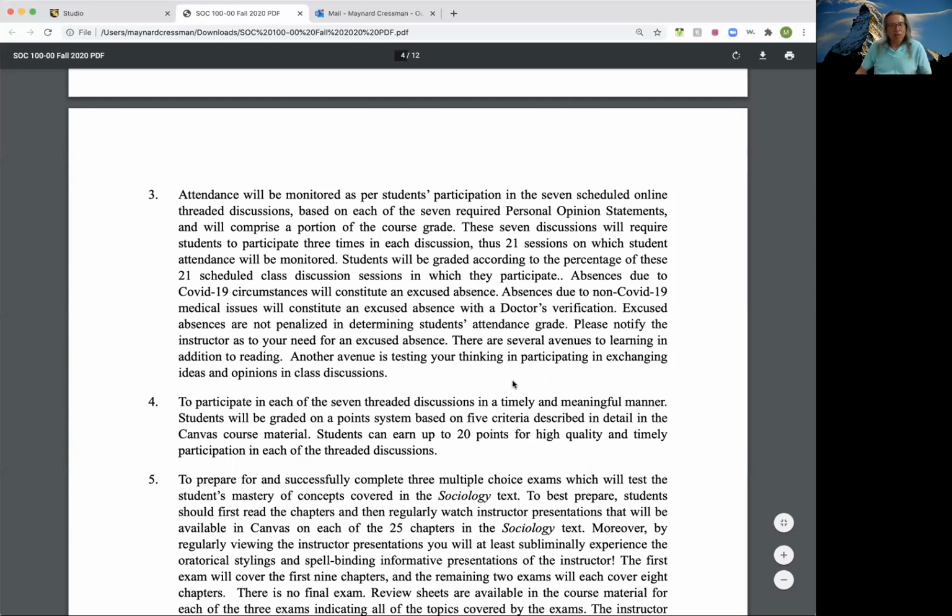You can't start the discussion about the topic until everybody posts their personal opinion statements. So if you have three postings in discussion and they're all before people even posted their statements, you get credit for nothing. Okay, so follow the time frames.